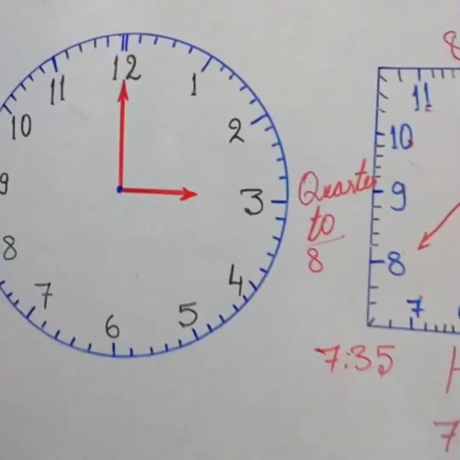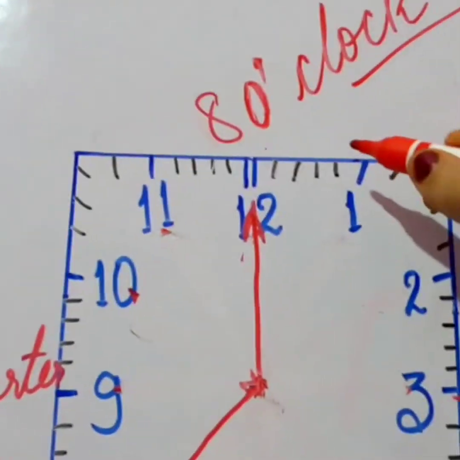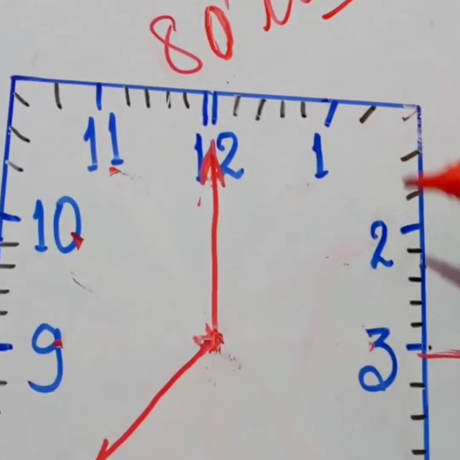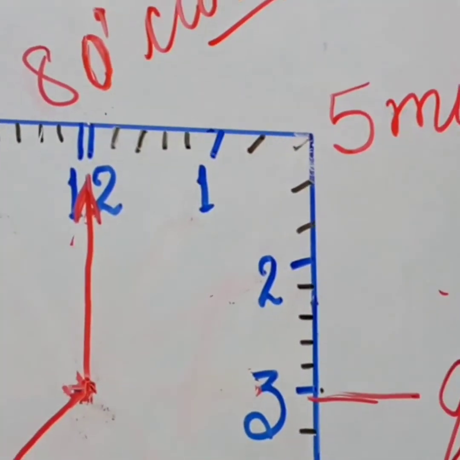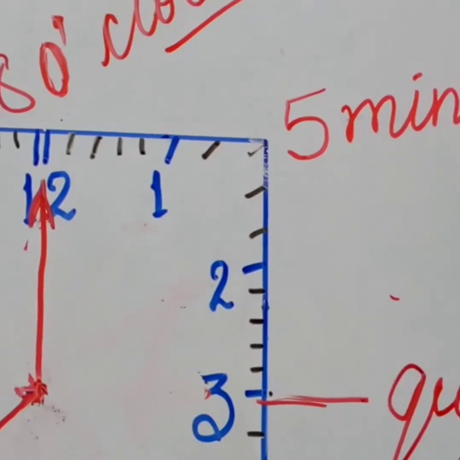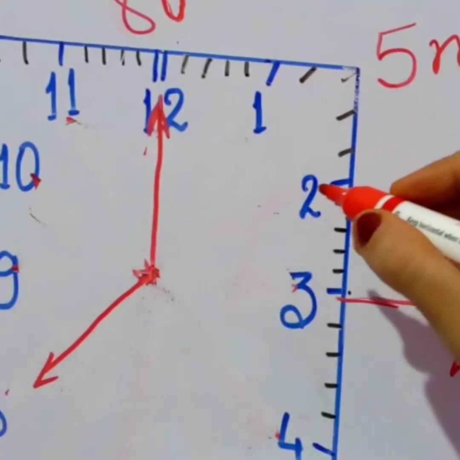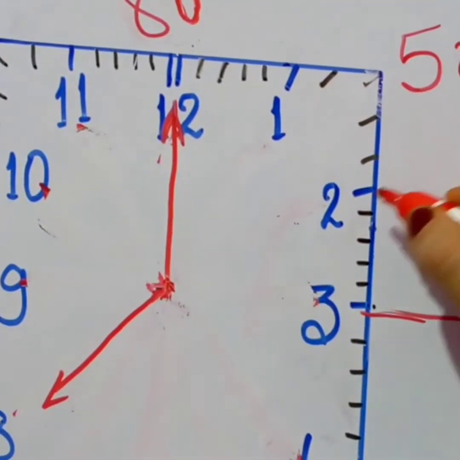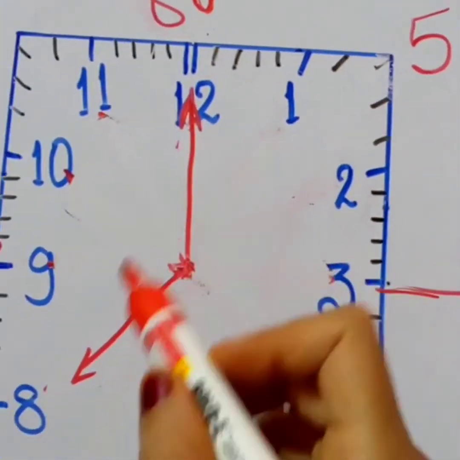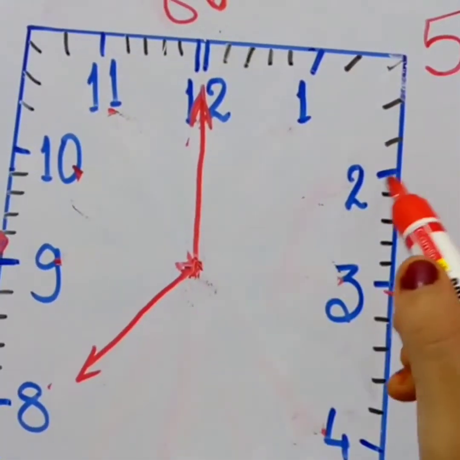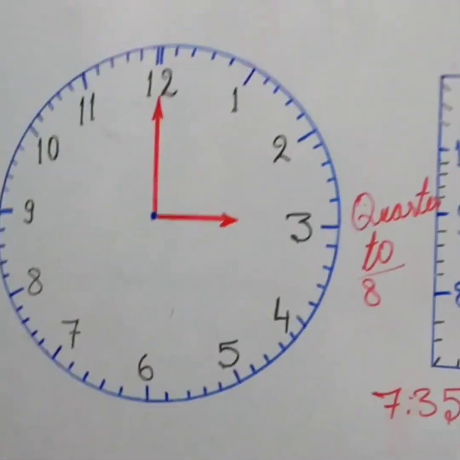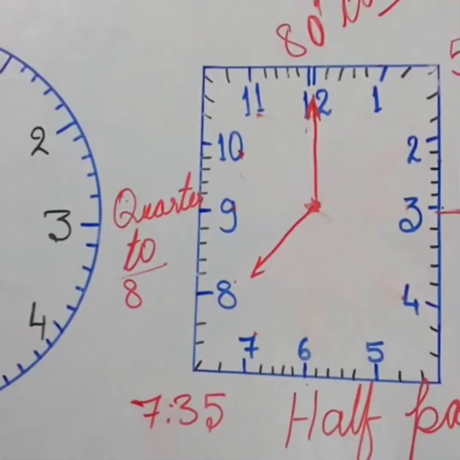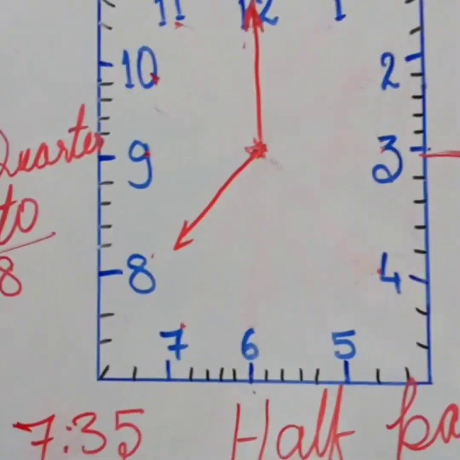Okay, now between 12 to 1 or 1 to 2, there are 5 minutes. We can write 5 minutes, and we will multiply. 5 ones are 5, 5 minutes, 5 twos are 10, 10 minutes. It means 8:05, 8:10 or 8:15, in this way you can read the watch or clock.